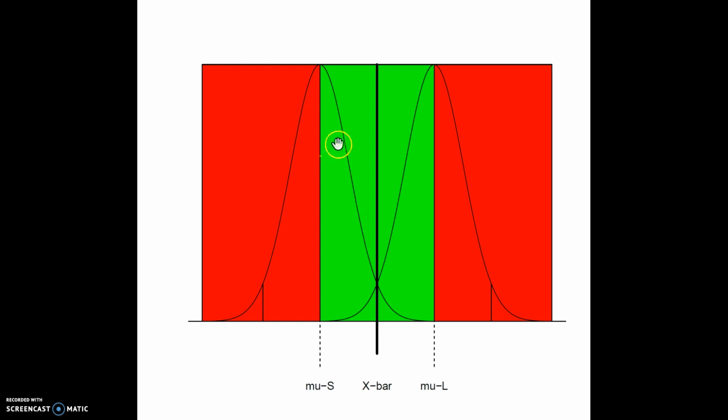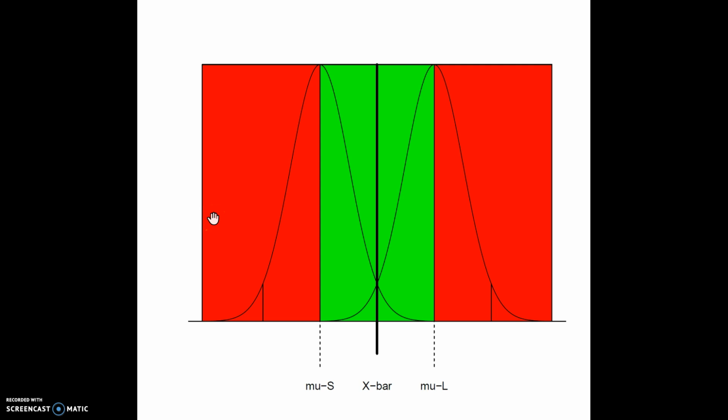And every value of mu in between those two numbers would give me a central 95% probability which includes the sample mean that I've observed. So that green range is my confidence interval. That is the likely range for mu given my observed sample mean. The red range are unlikely values for mu. This red range down here are unlikely values for mu.